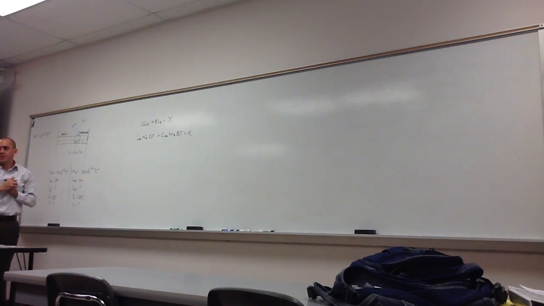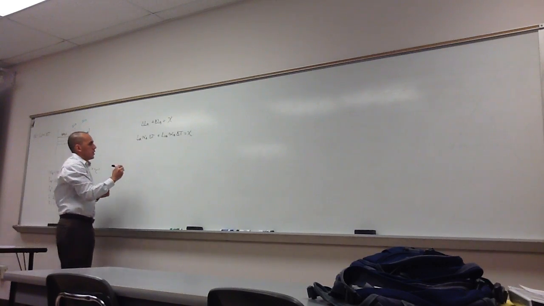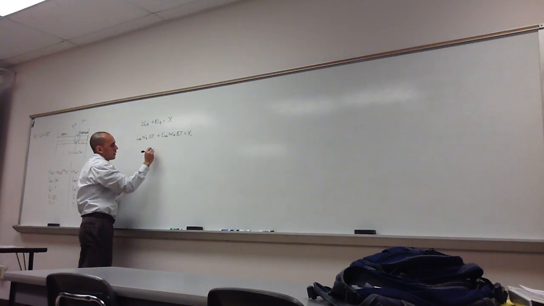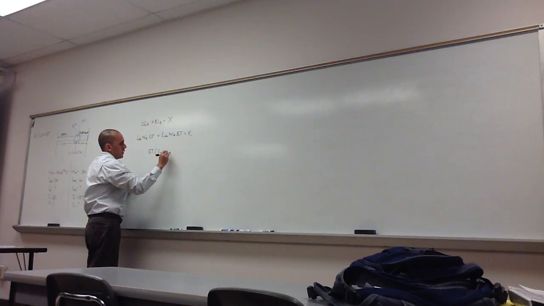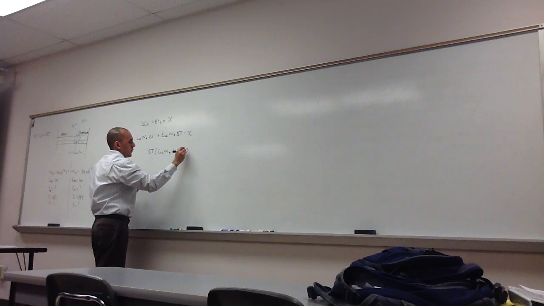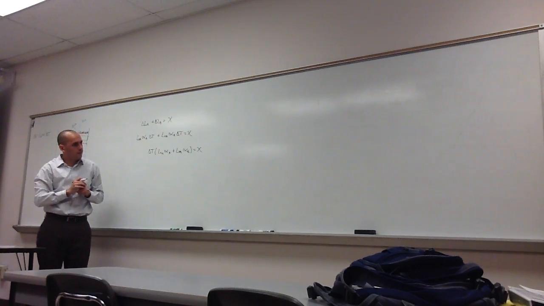Everybody see that? Okay. Well, we know the initial lengths. We know the alphas. We don't know delta T, but we know X. So we can solve for delta T. Let's factor that out. Like that.